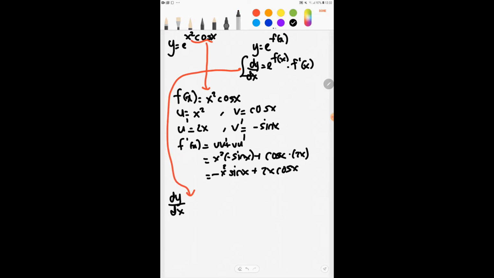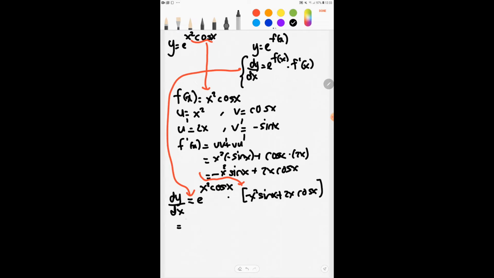So dy/dx will be e to the power of f(x), where f(x) is x squared cos x, and f prime x is what we found just now. We substitute that, so we get negative x squared sine x plus 2x cos x.